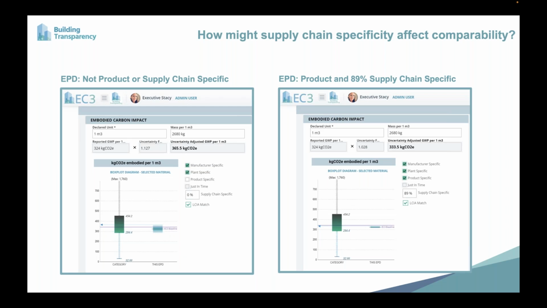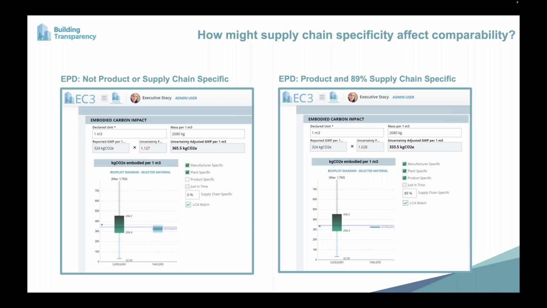This is just a way that we try to disclose this within the EC3 tool. This is looking at an EPD on the left. It's a cubic meter of concrete, and you'll see that it's only manufacturer and plant specific. This EPD is not product specific. It is not supply chain specific. So you can see we apply an uncertainty factor, what I call blue squishy stuff, around the declared number, just to try to help people understand that there is some uncertainty, there is a variability in the number disclosed.